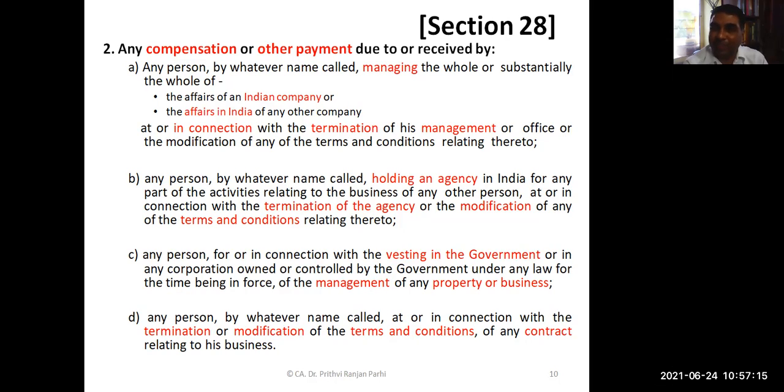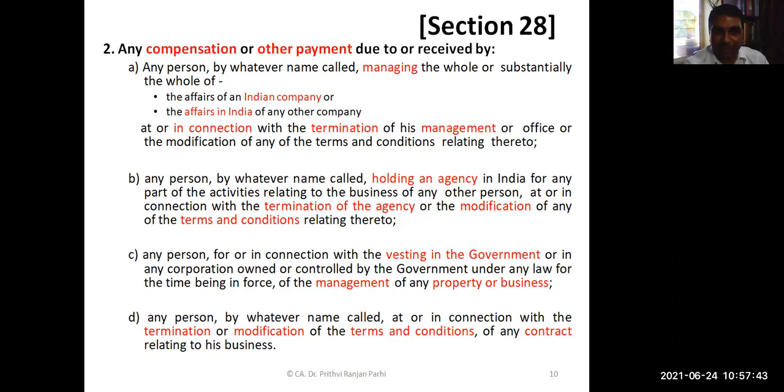That means the person has some property or some business and he is vesting that business or property with the government or with a corporation which is owned or controlled by government. In these cases, if the government or that corporation is giving some kind of compensation, the compensation will be treated as income and taxable under the head PGBP, profits and gains of business or profession.